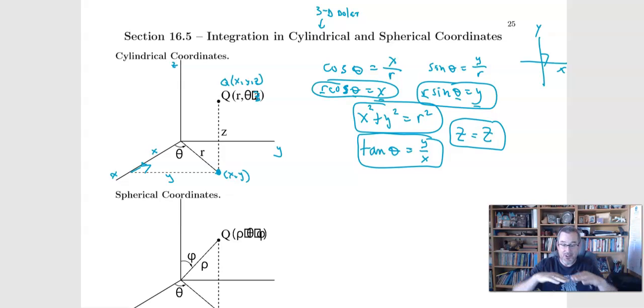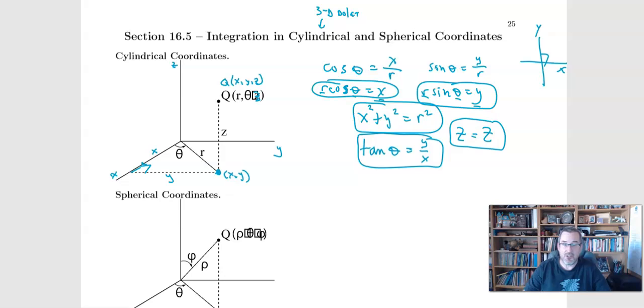But yeah, cylindrical coordinates are just polar coordinates lifted up. Thus the cylinder. Can you see it? Polar coordinates are based on circles, or parts of circles, because we're rotating and we have a radius. But now extend a circle in the z direction. What do you have? A cylinder. So cylindrical coordinates are just polar coordinates in 3D.